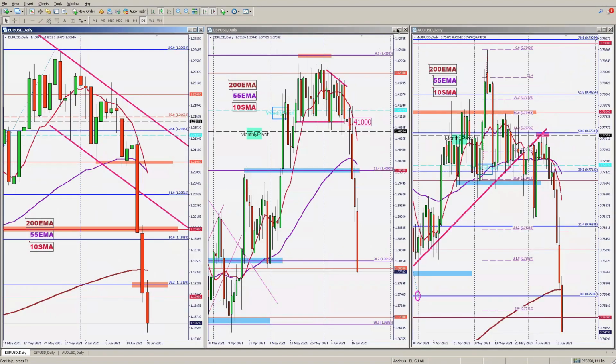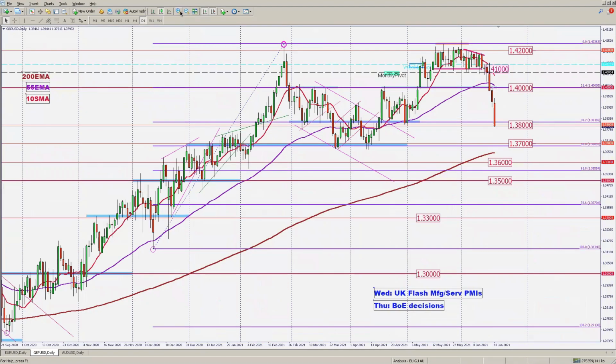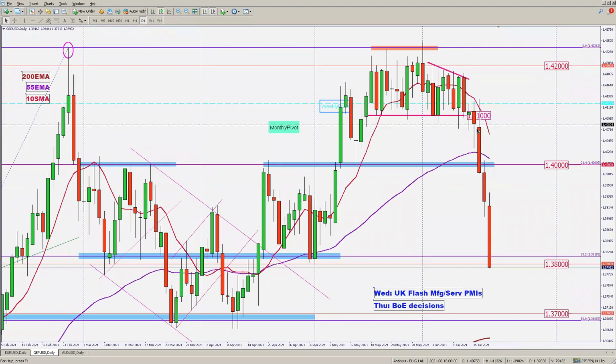Let's move on to the cable, where it fell from the 141 level. It's at 141.